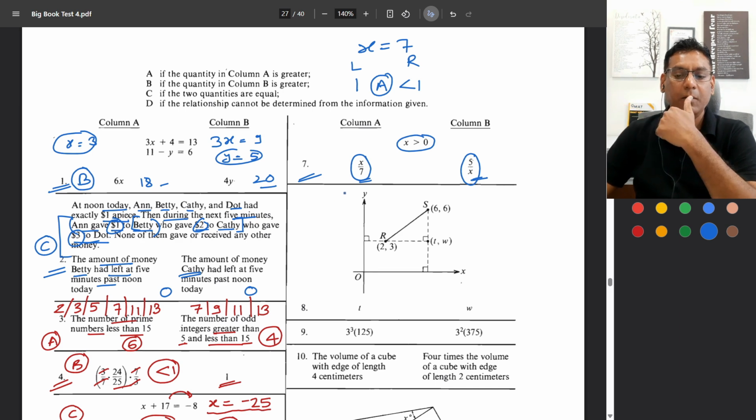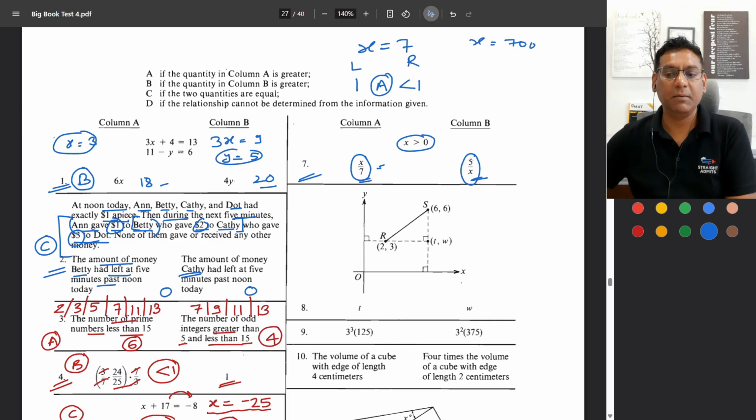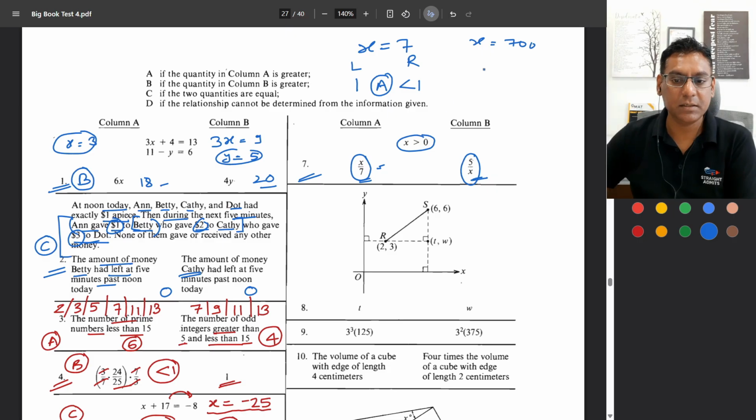Let's say x is equal to 700, an unnecessarily big number so that I get an easy answer. I'm going to get 100 on this side, and this is going to be 5 by 700. That's definitely going to be much less than 1. So that's again A.